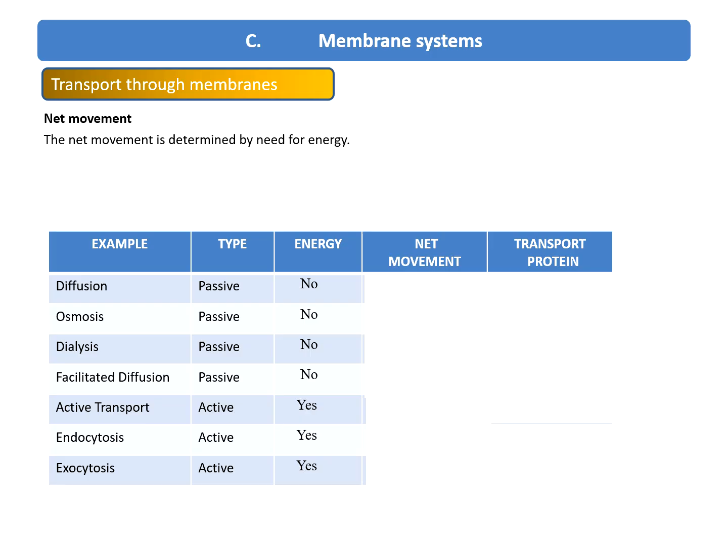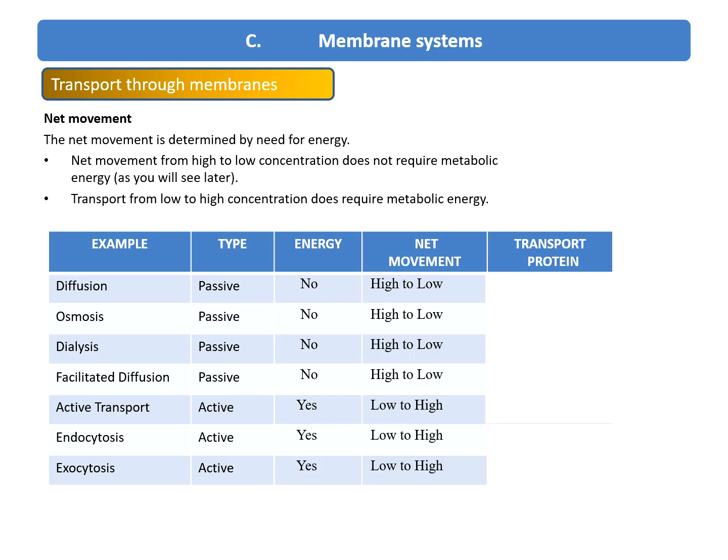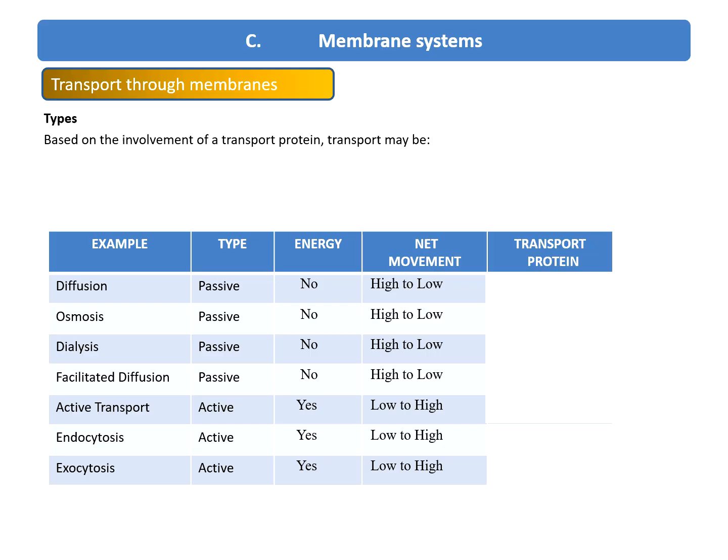The net movement is determined by the need for energy. Net movement from high to low concentration does not require metabolic energy. You'll see more about this later. Transport from low to high concentration does require metabolic energy.